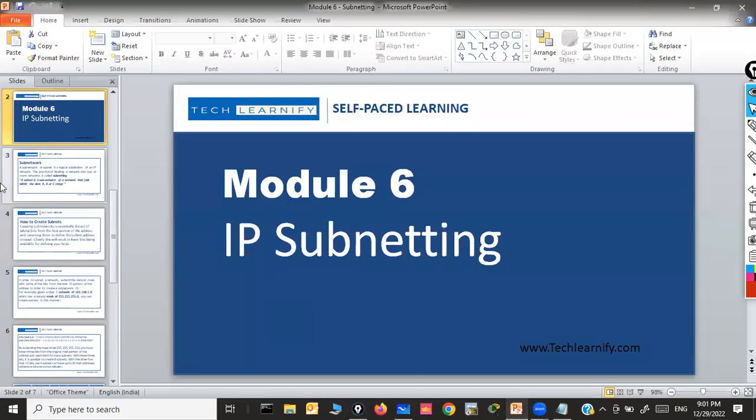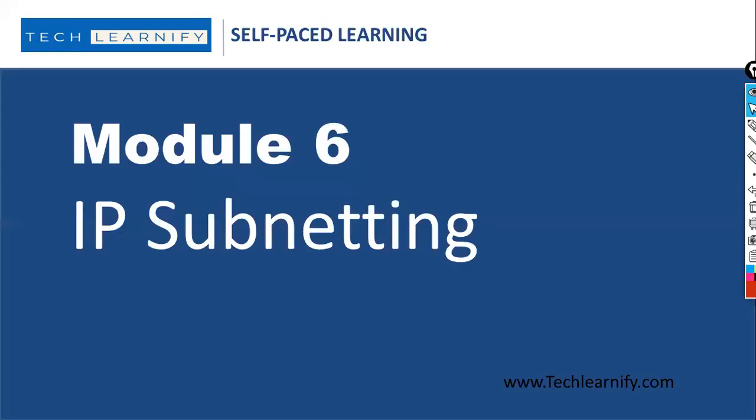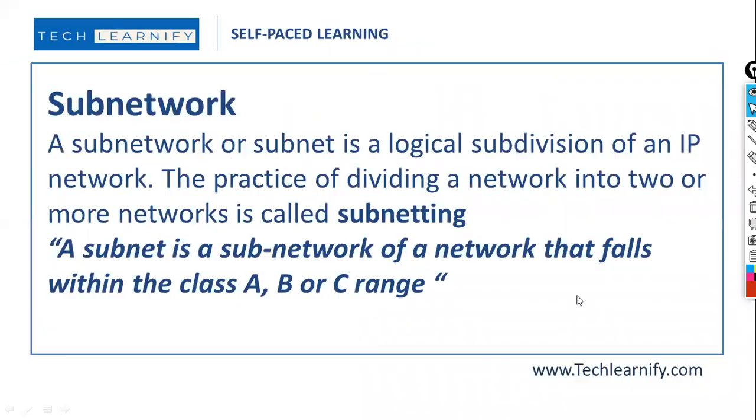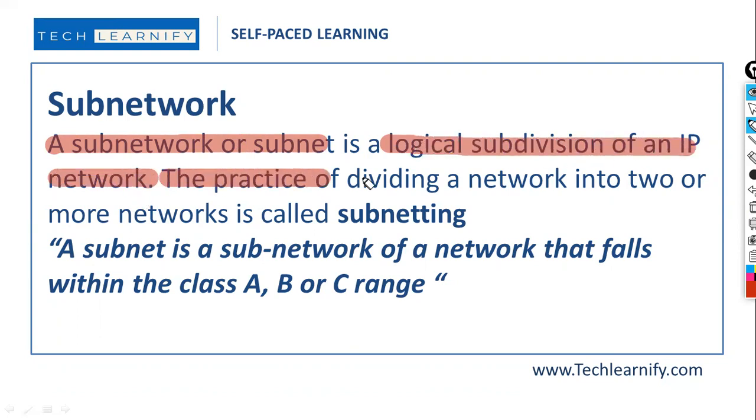Let me jump to this presentation file now. That was just a high level overview of subnetting. A subnet or subnetwork is a logical subdivision of an IP network. The practice of dividing a network into two or more networks is called subnetting.